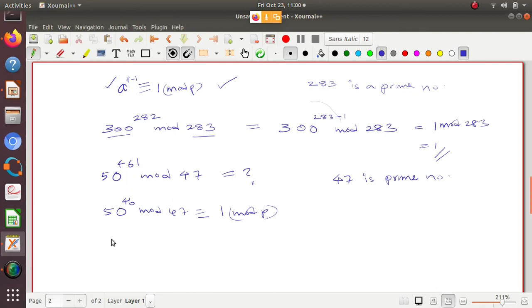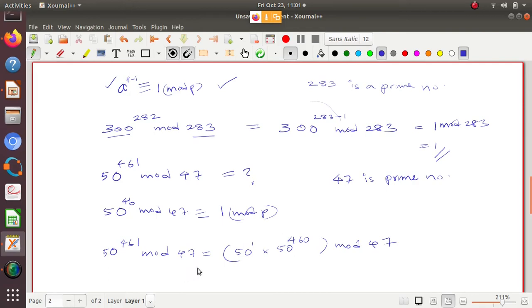This 50 to the power 461 mod 47 is the same as 50 to the power 1 into 50 to the power 460 mod 47.